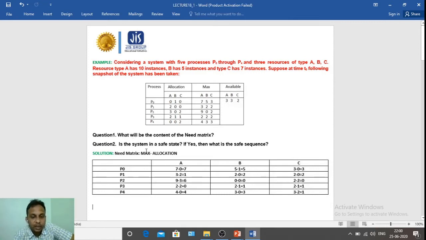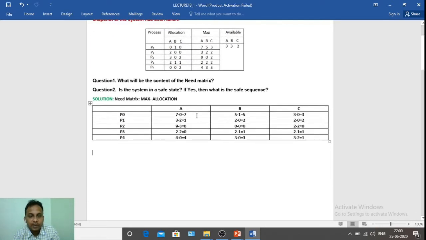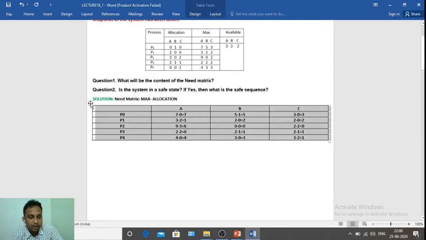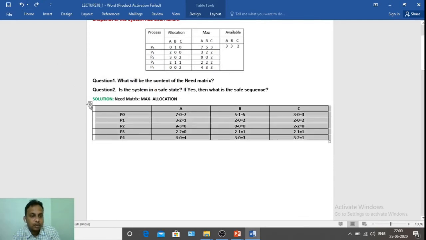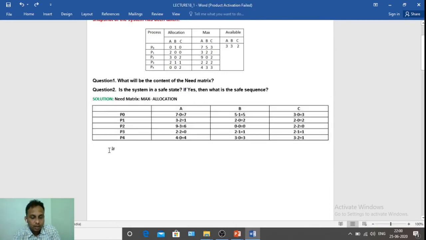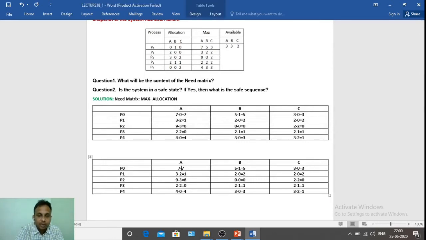Now we have to check whether it is in safe state or not. As you can see, P0 basically required 753. I am copying the table again and pasting it here. I am deleting these values, it will be easier for you.